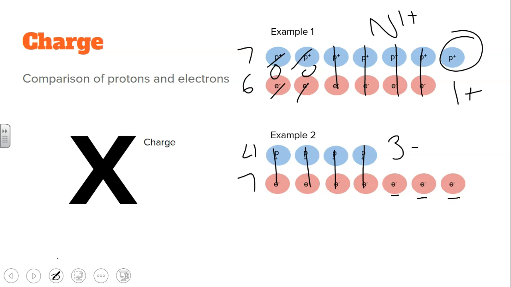Going to the periodic table, element number 4 is beryllium, and that would be Be with a 3- charge up here. Keep in mind that we usually put the negative or positive after the number so that we're not confused with the mathematical function like adding and subtracting, or with a negative number when we are doing math.